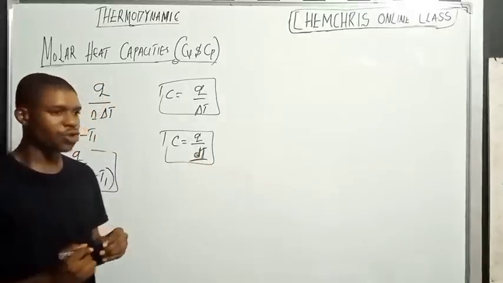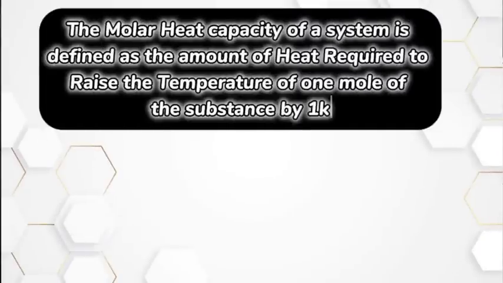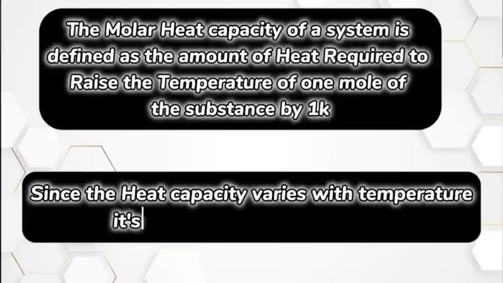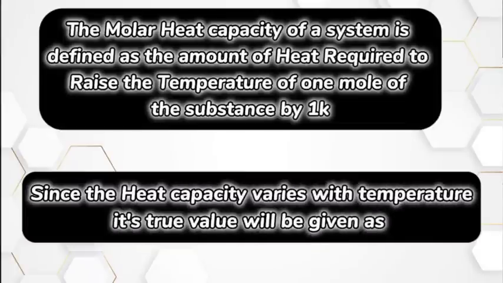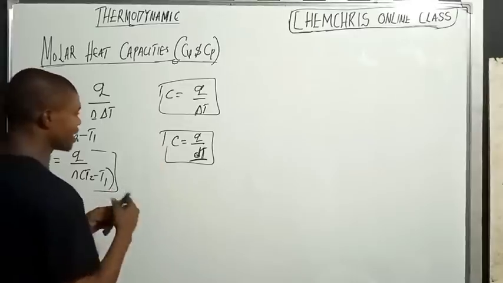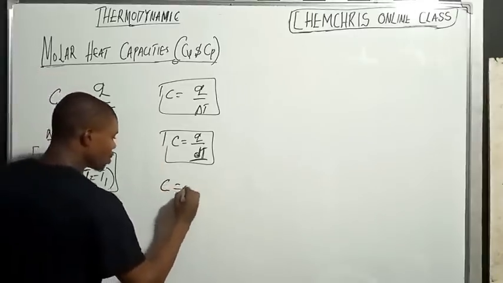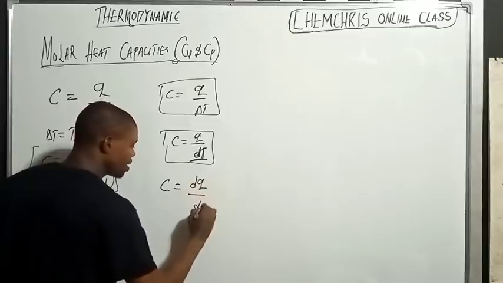Do you understand? So the molar capacity of the system is defined as the amount of heat required to raise the temperature of one mole of the system by 1 Kelvin. Since the heat capacity can vary with temperature, its true value will be given as C equals dQ over dT.